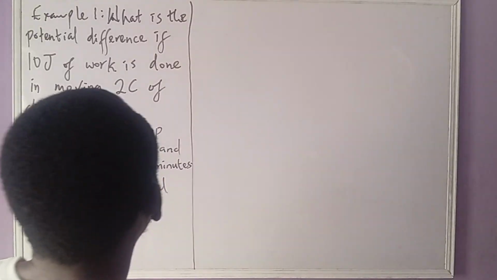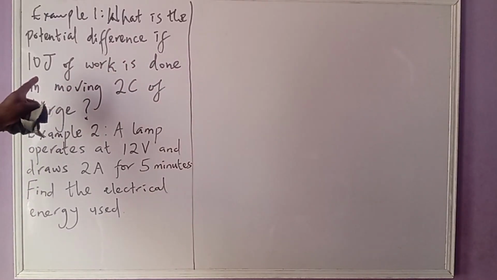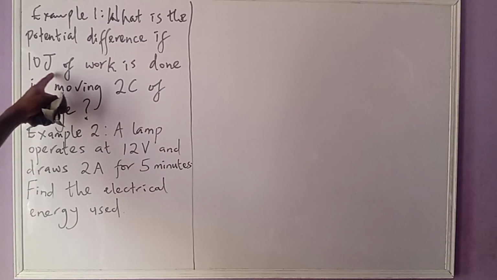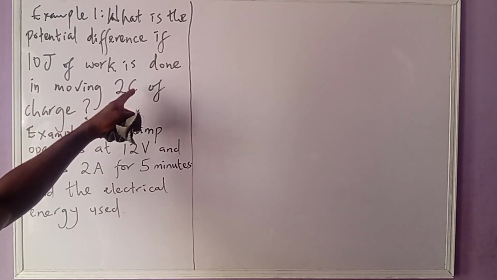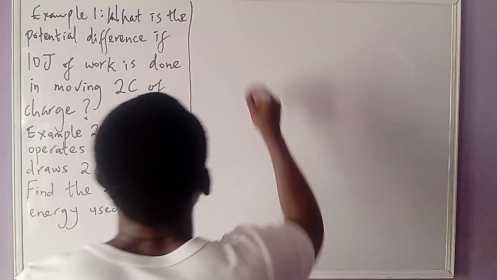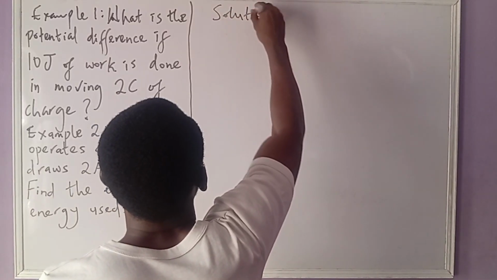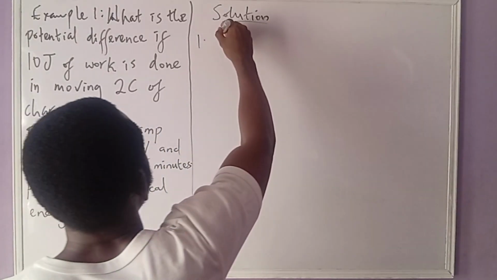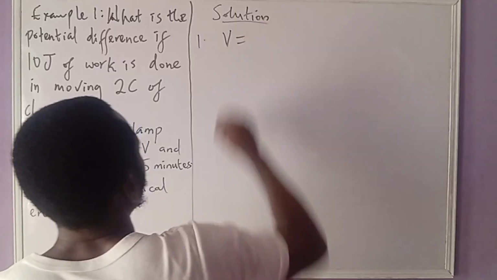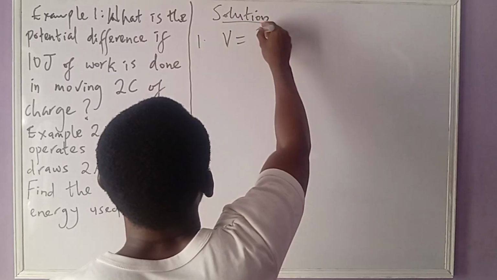Now, the first example says, what is the potential difference if 10 joules of work is done in moving 2 coulombs of charge? So solution number 1. Potential difference V, V is used to represent potential difference, is what we are looking for.